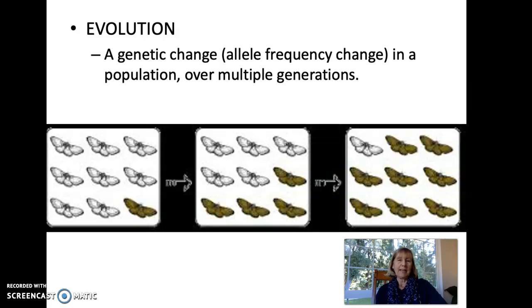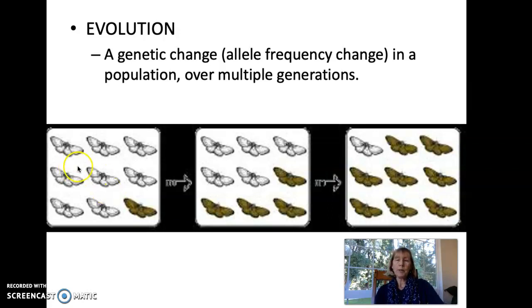At that time, the trees were one color until they started polluting, right, with the factories. And when they started polluting, the trees got darker and darker. So what happened is that moths that used to rest on these trees were camouflaged, and all of a sudden were not camouflaged because the trees started to change color.